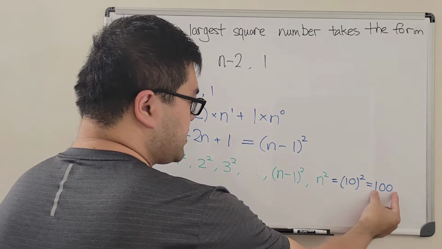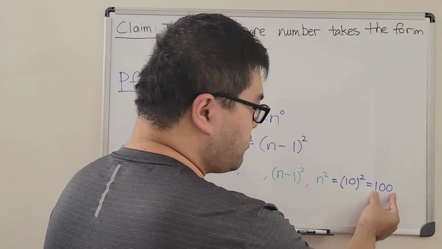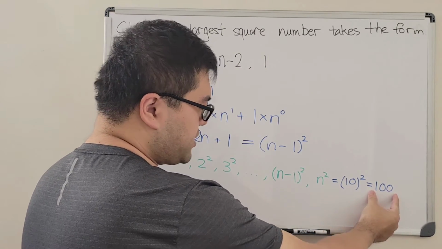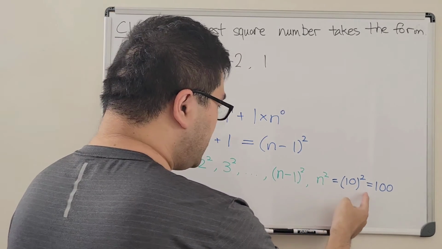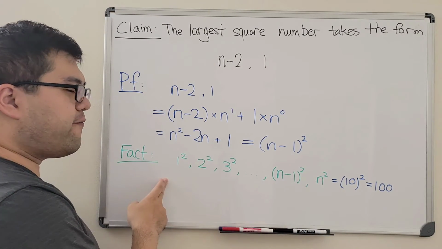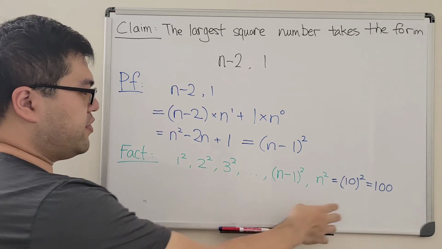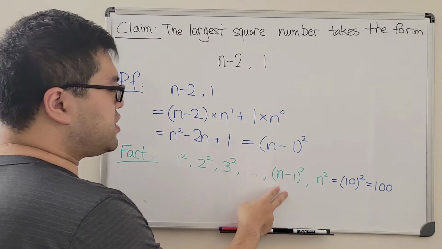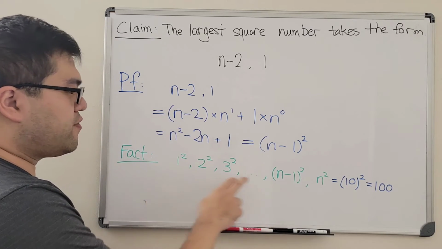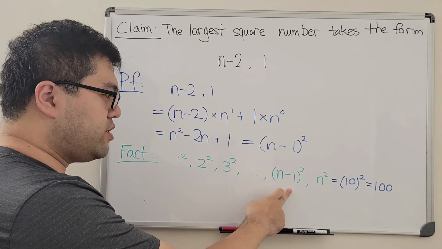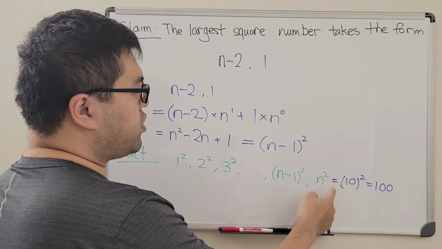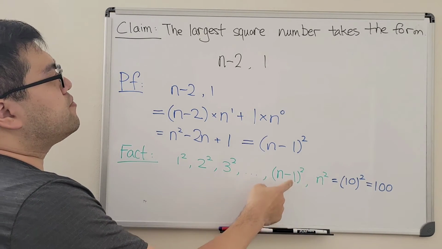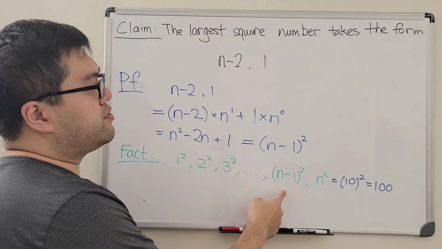But notice that this actually hits the bound that we have. And also, now we actually get 3 digits here. That means all the numbers before 100 in the list will be 2 digits or less. And since we're writing it in increasing order, it means that the term right before 100 will in fact be our largest square number.